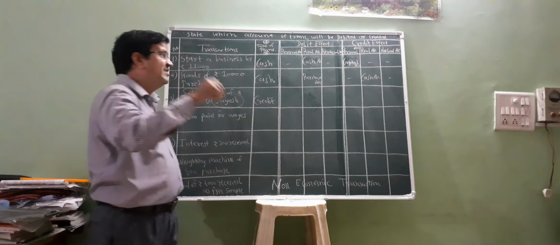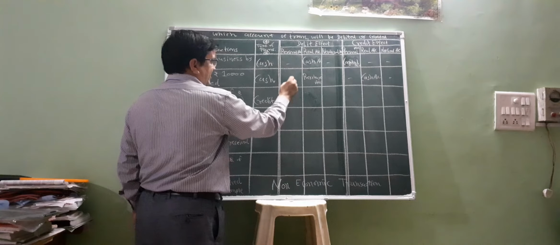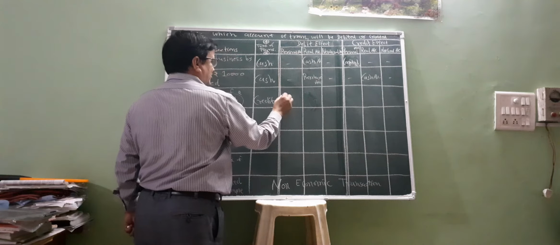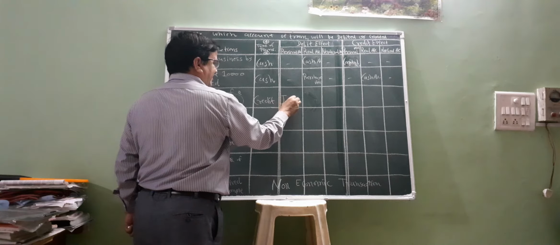Debit the receiver: personal account Jayesh, so Jayesh account debit. And goods go out. When goods go out, it is considered sales; when goods come in, it is considered purchase. Goods go out is another real account, so sales account credit.